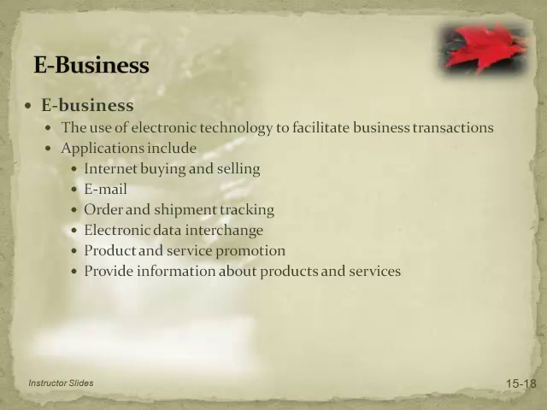So internet buying and selling is something that you as a student are familiar with. Buying can also take place in the form of emails. The internet can also provide information on the status of the orders and the shipping, and we can see exactly where it is.